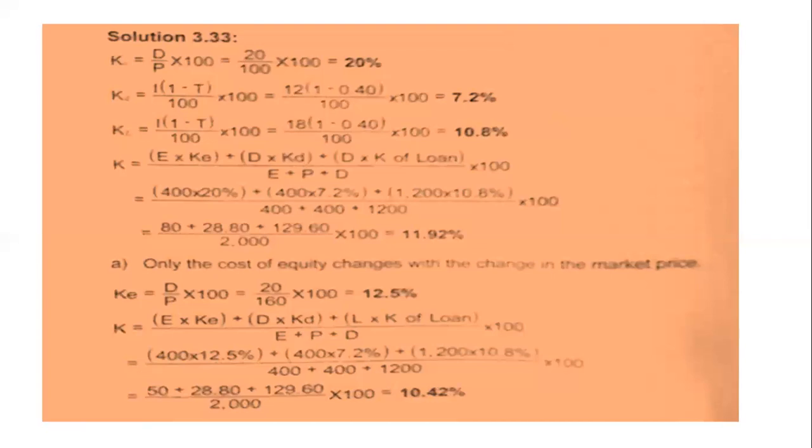Dividend remains the same because in assumption A they have given a consistent rate of dividend of 20% per annum. So there is no change in the D value, only the P value changes. So D divided by P into 100, so 20 divided by 160 into 100, that means we'll be getting a cost of equity of 12.5%.